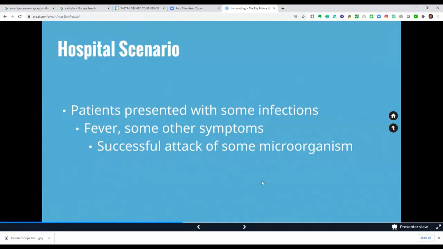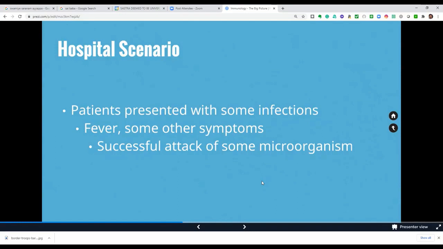So in a hospital scenario, the patients may present with some infections. It's very common. We cannot see the presence of the bacteria or the virus or fungi using our eyes, right? So there may be some kind of symptoms. The patient may present to the physician or doctor with symptoms like fever and some other symptoms, whatever they may be.